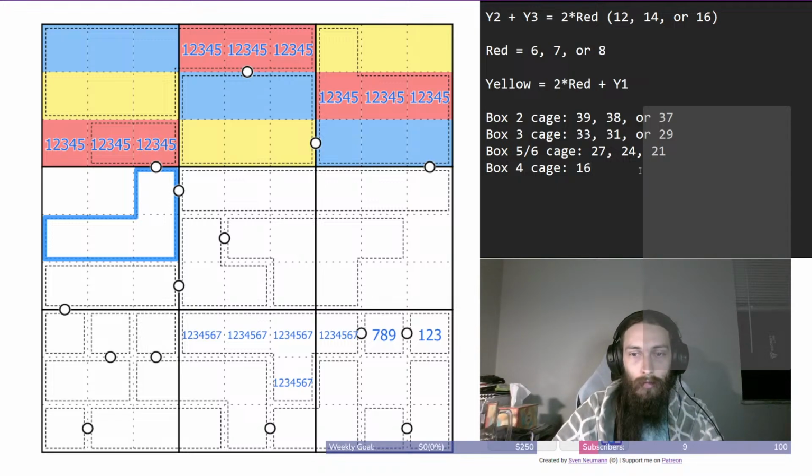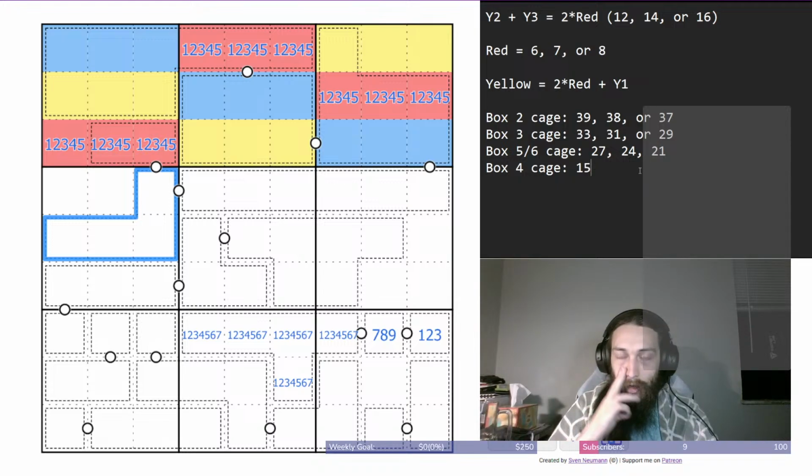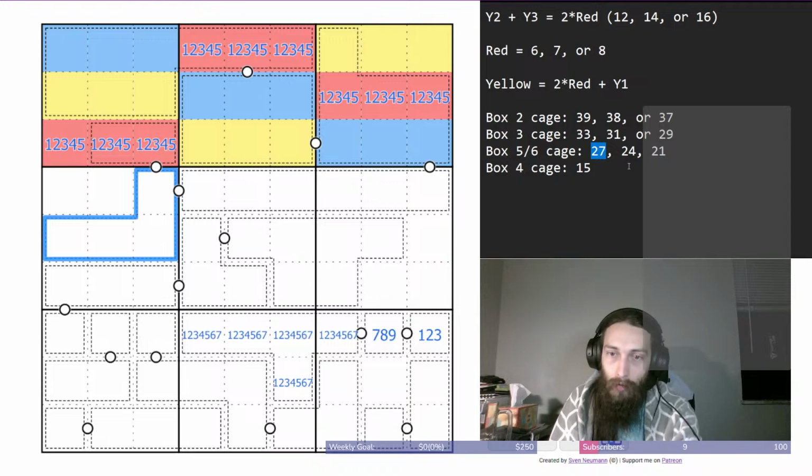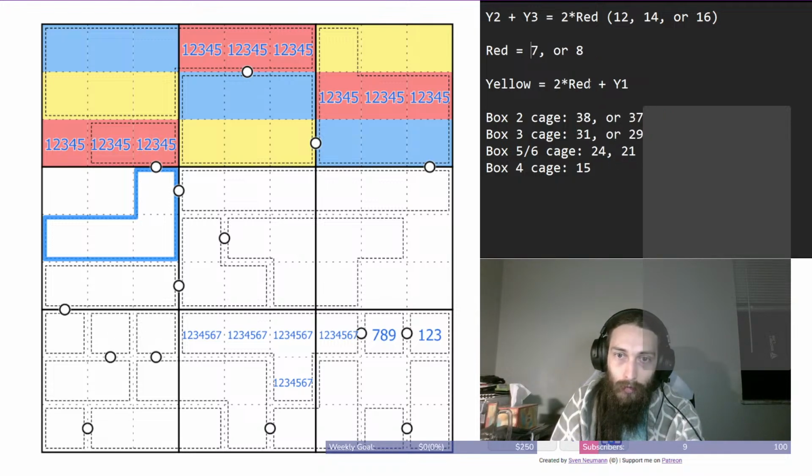Say again? 7 plus 8 is 15. Right. If the box 4 cage is maximum 15, then I can't subtract 6 from 27, so that removes its ability to be 6. I can't subtract 7 from 24, because that would be 17.